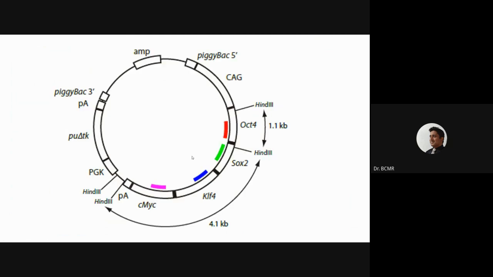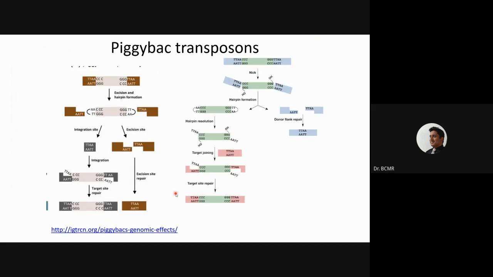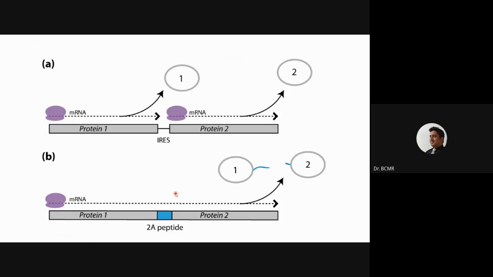So we discussed the design of this genetic construct. We put in the 4 genes here: OCT4, SOX2, KLF4, and c-Myc. We also included these regions, which are self-cleaving peptides, because we want one mRNA to produce 2 different proteins or 4 different proteins.